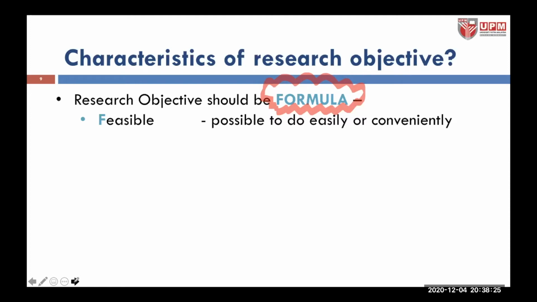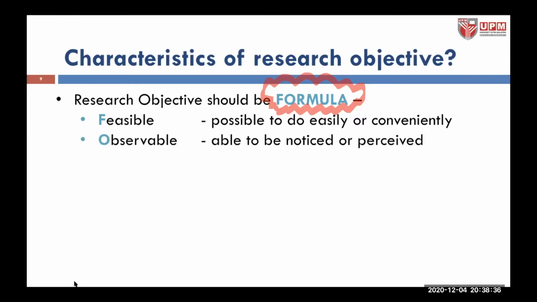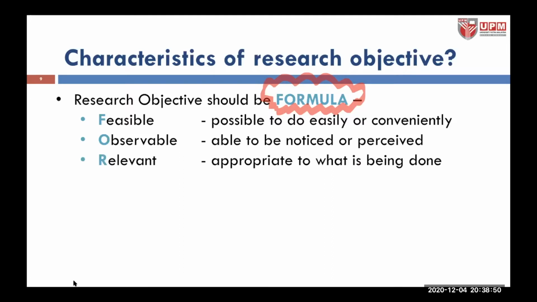The first one is F, feasible, which means that it is possible to do easily or conveniently. What is O? O is observable. A research objective should be able to be noticed or perceived. So that is what we mean by a research objective. FO. Now, what is R? R is relevant. As with objectives in general, it must also be relevant, appropriate to what is being done.